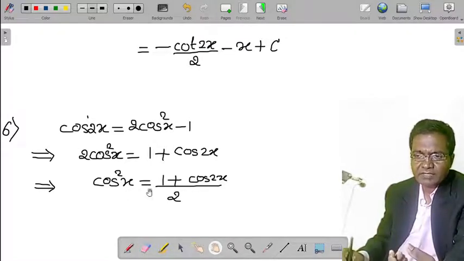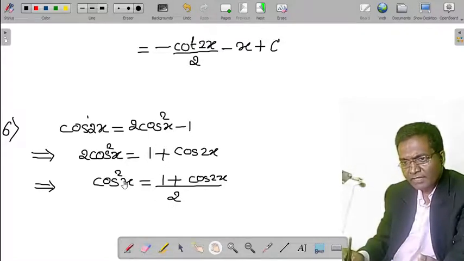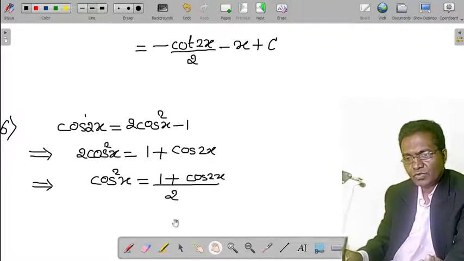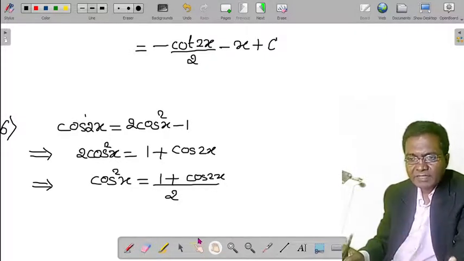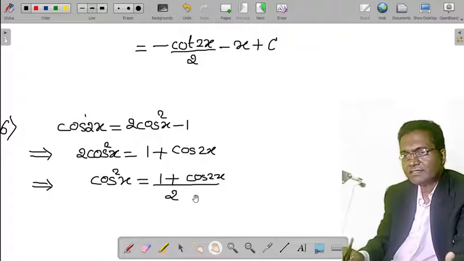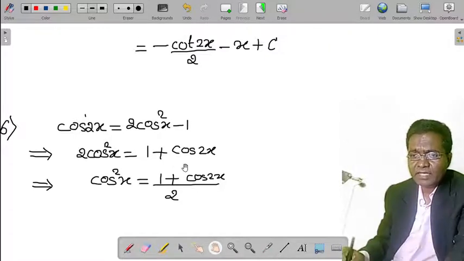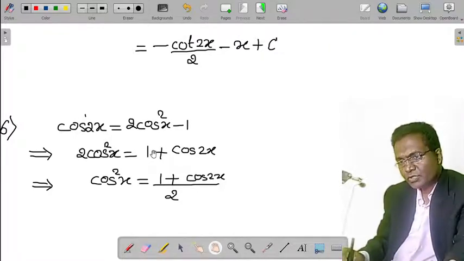Cos square x can be written as 1 plus cos 2x by 2. Whatever this angle is, it gets doubled here. Suppose if you have 2x here, it becomes 1 plus cos 4x by 2. As the function demands under the integral sign, we make these substitutions.